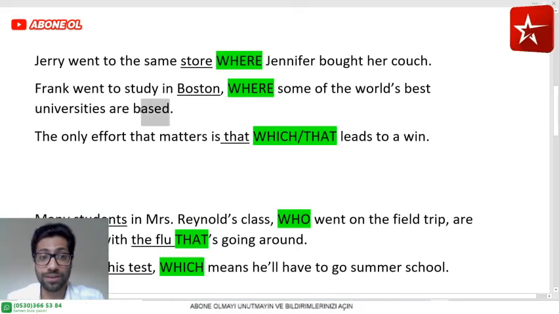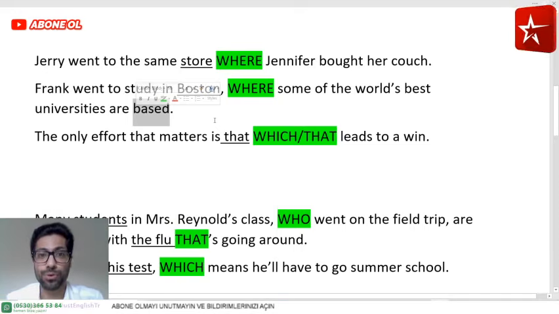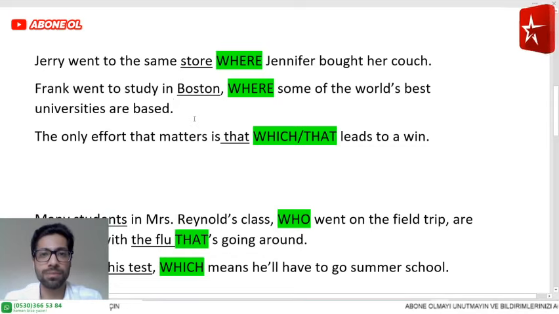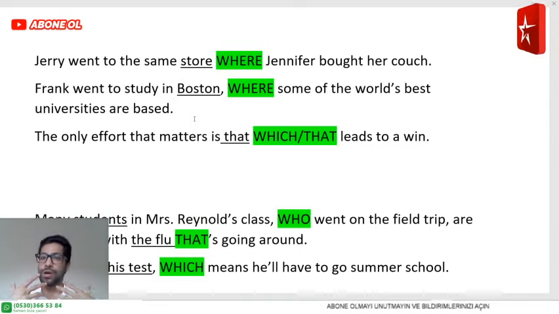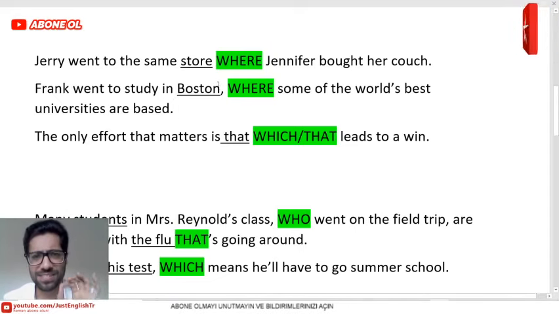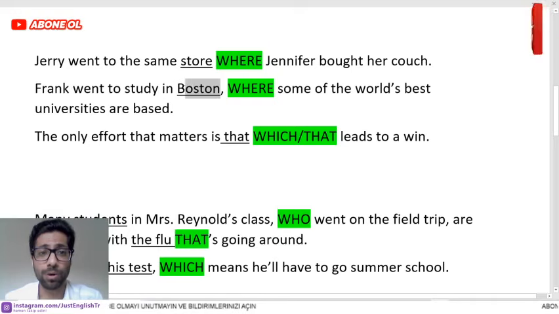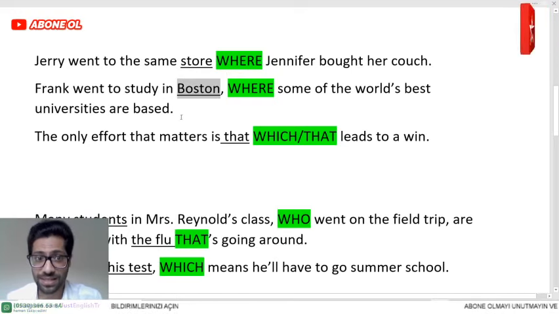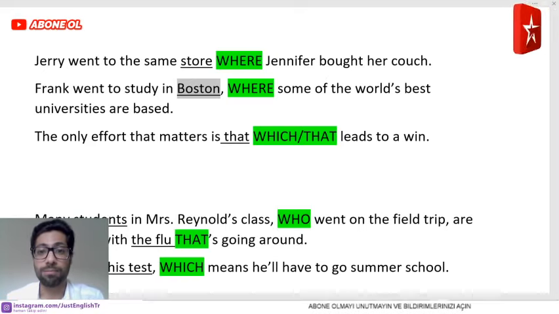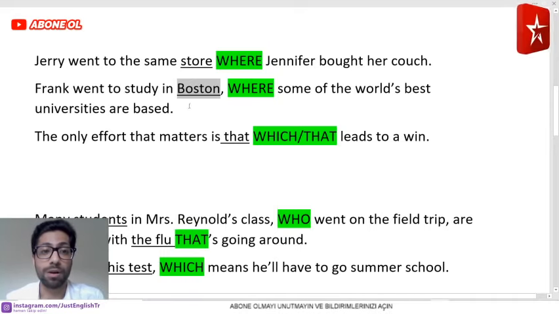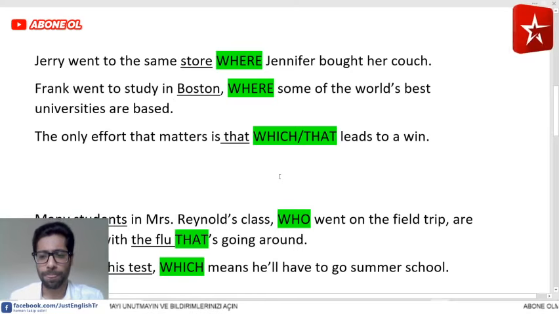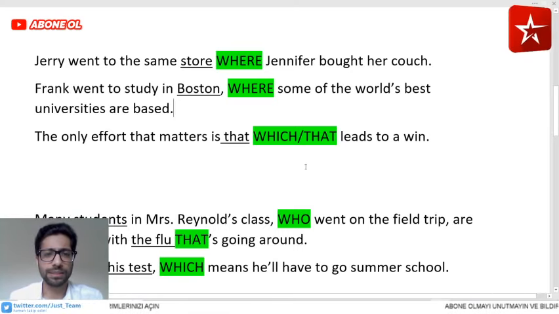However, remember, we are talking about pure grammar. Pure grammar can allow some mistakes. However, if it makes sense, it's no problem. Here, it's very specific that I am talking about Boston, which is a city, which is a place, and also I am mentioning in the second sentence where some of the world's best universities are based. So this is very specific, very pure grammar, though you can use which, no problem, I believe.